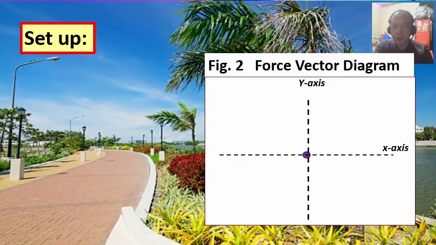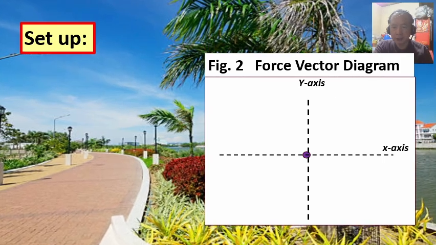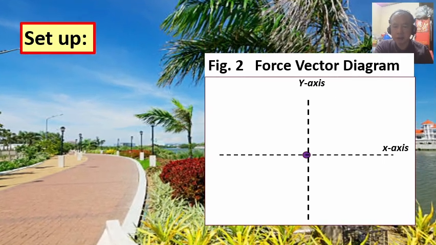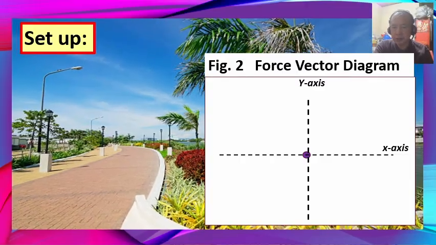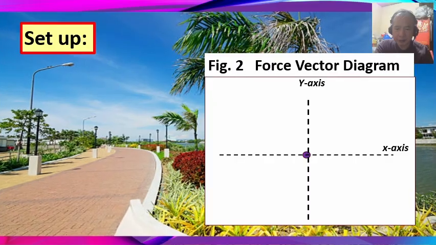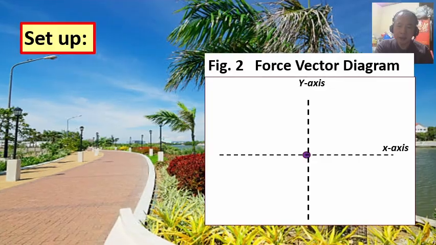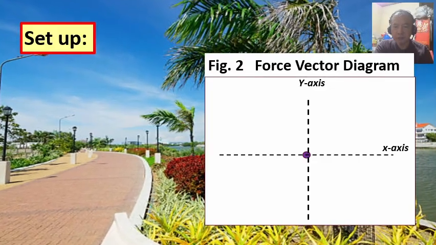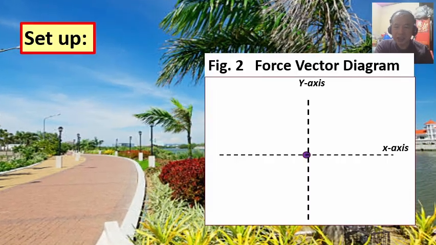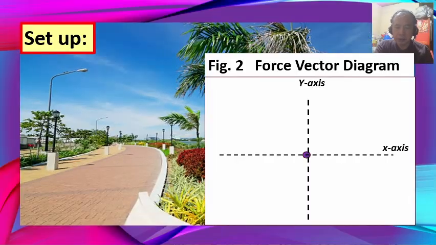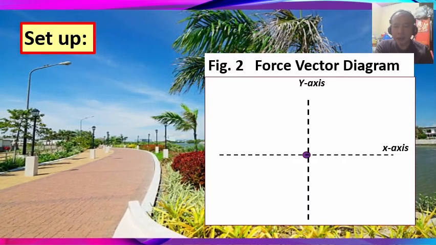The vertical broken line here represents the y coordinates, and the horizontal broken line represents the x coordinates. We represent the charged sphere by a dot, and we are assuming that the forces acting on the charged sphere are concurrent and coplanar.